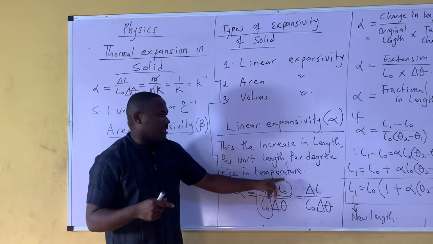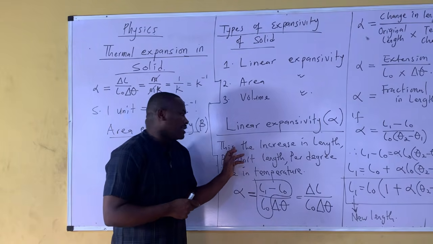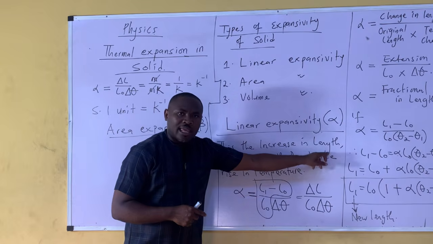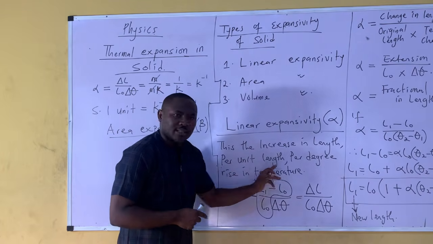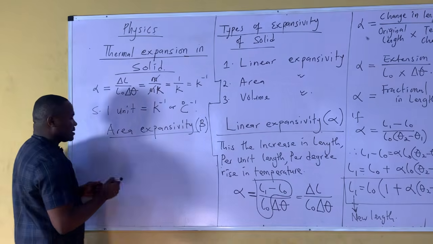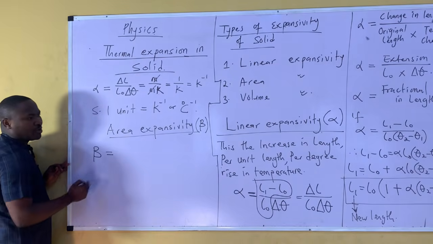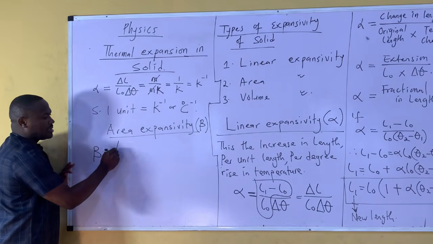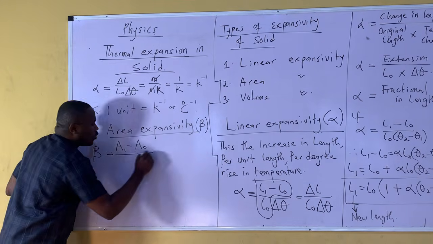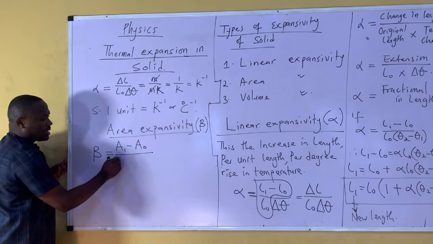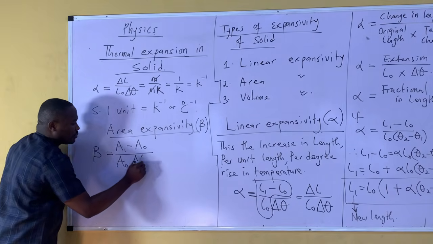I reiterate again, area expansivity is the increase in area per unit area per degree rise in temperature. So how will I express that? I will say beta is equal to increase in area, which is new area minus original area, over per unit area, that is over original area, per degree rise in temperature.